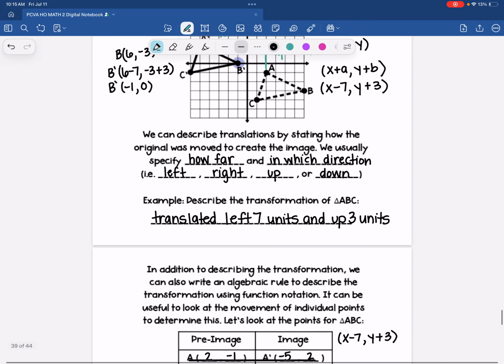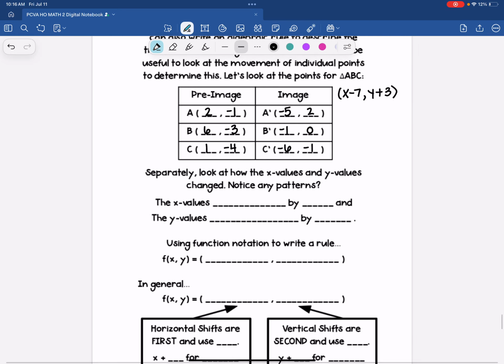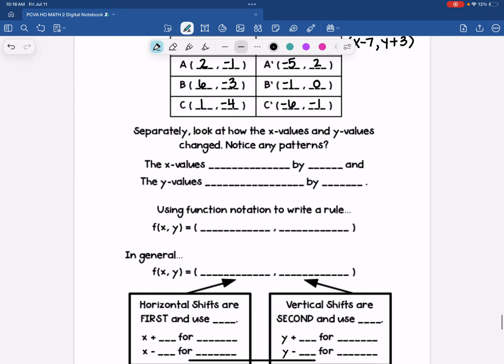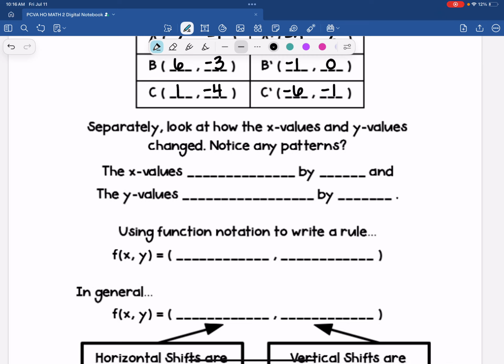So I can look at it graphically, or I can write a rule and do it that way. So my pattern here, I was trying to form these, but I kind of already did it earlier in the video. So we're saying that the X values are going to decrease by 7 because we're going to the left, and the Y values increase because we went up, and that increased by 3.